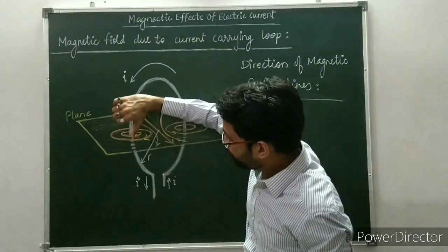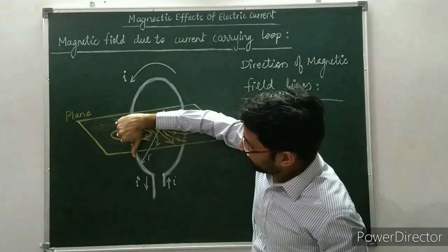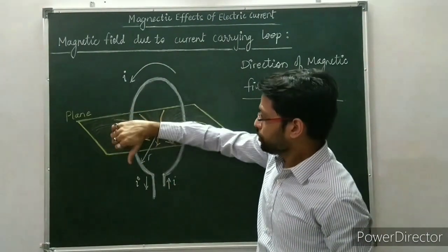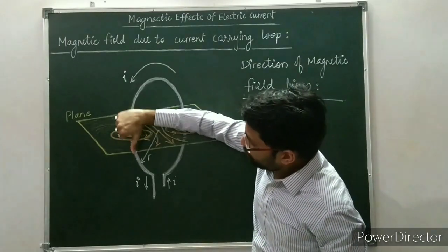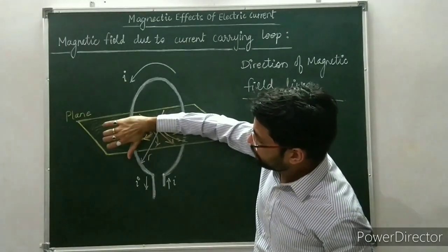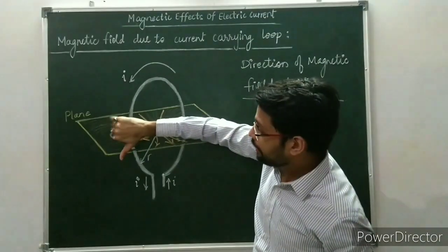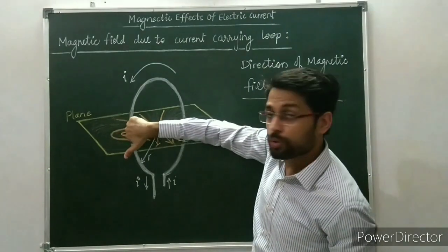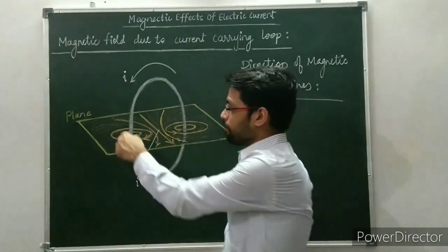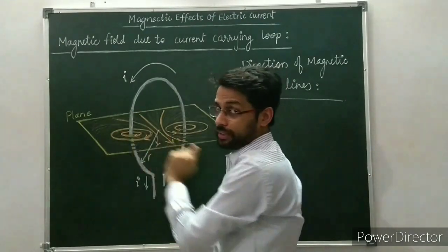So you have to keep your thumb in downward direction. Then the fingers are curling in clockwise direction. So the magnetic field lines are in clockwise direction at this point.